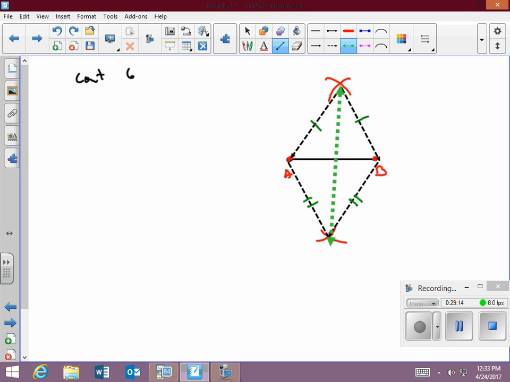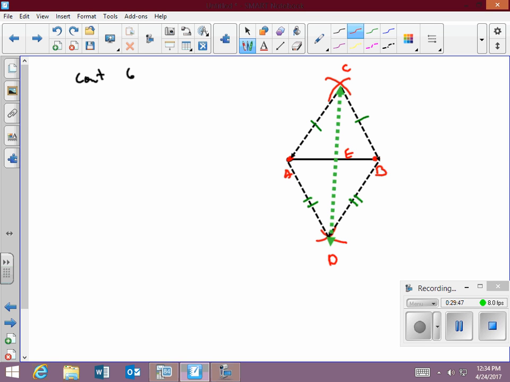now what we have to do is show that, with C, D, and then this is E, not only is AE equal to BE, but also that angle AEC and angle BEC are perpendicular.